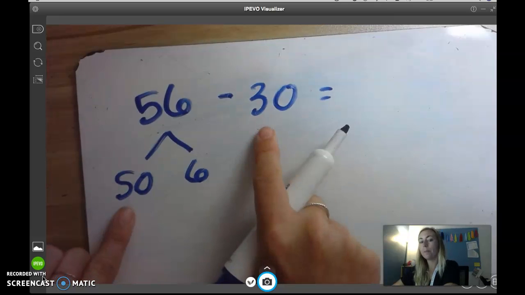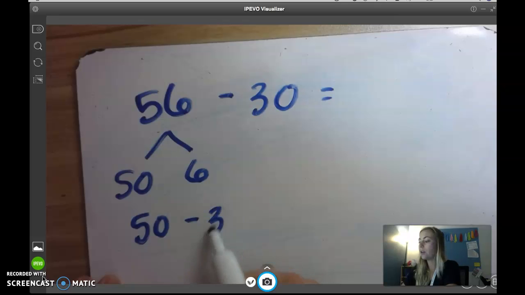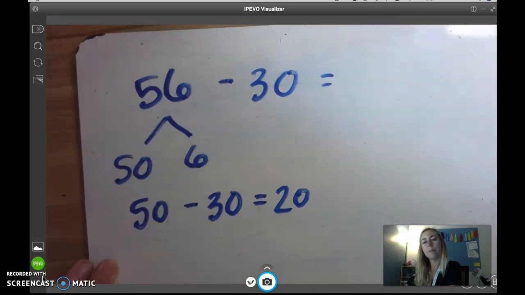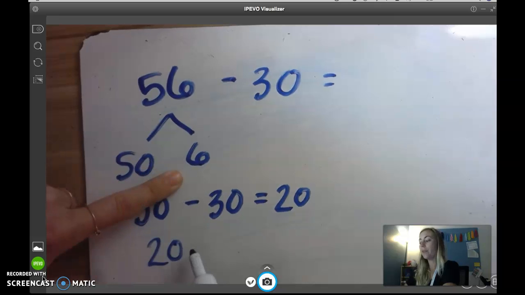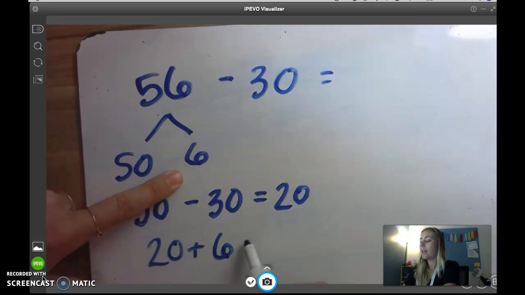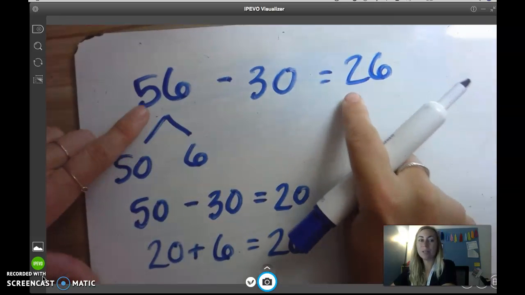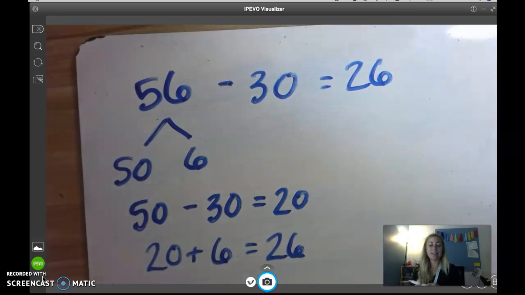Now I'm going to work with my tens first. 50 minus 30 is the same as 20. Now what's my next step? That's right, 20, don't forget about that 6 we had at the beginning, is the same as 26. My tens place changed, it got 3 groups of 10 smaller, and my ones place stayed the same.